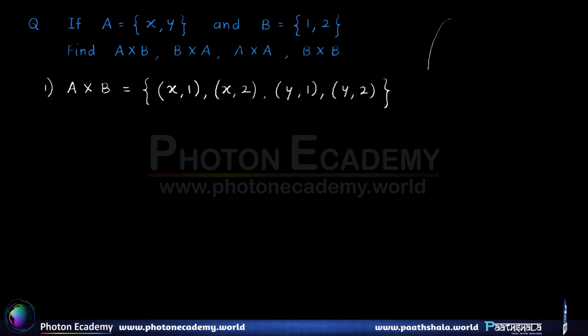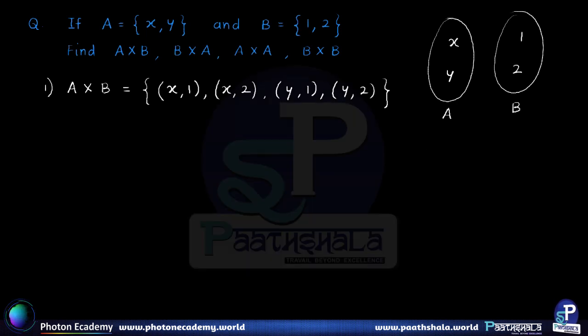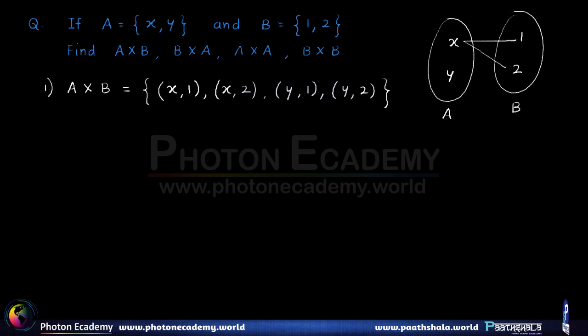Looking at it graphically will give another clue. Say sets A and B are as shown here. x and y are the two elements of set A, and 1 and 2 are the elements of set B. The Cartesian product is nothing but how many arrows you can connect from one element in set A to an element in set B. So (x, 1) is one pair, then (x, 2) is another pair, then (y, 1) is third and (y, 2) is the fourth.